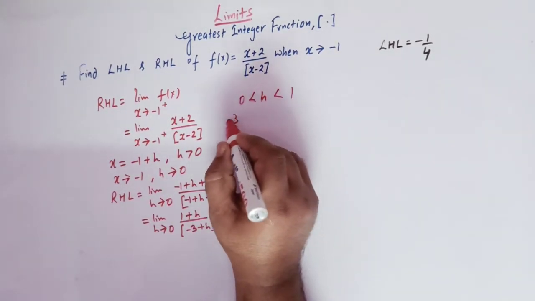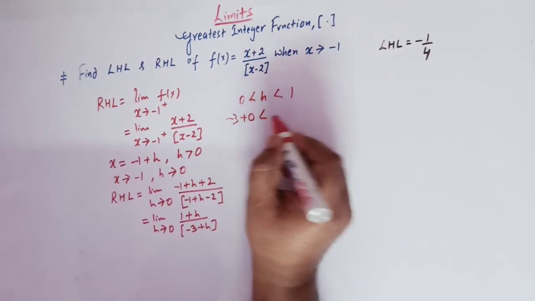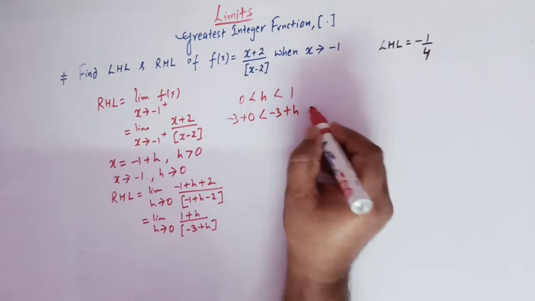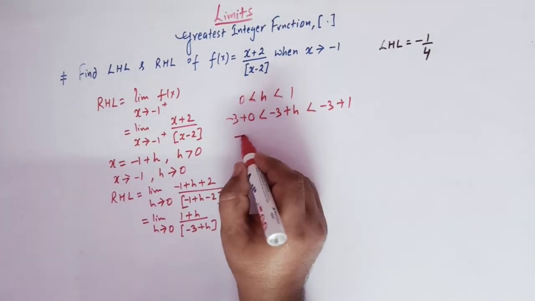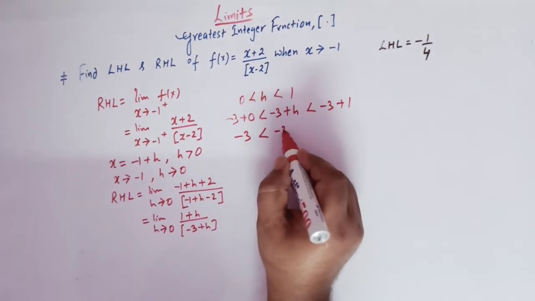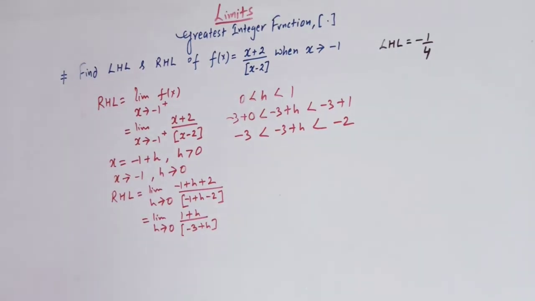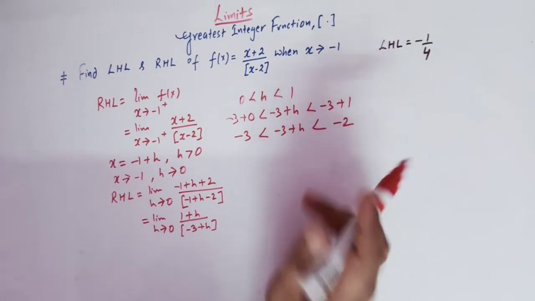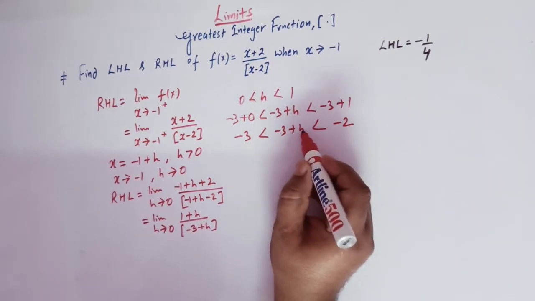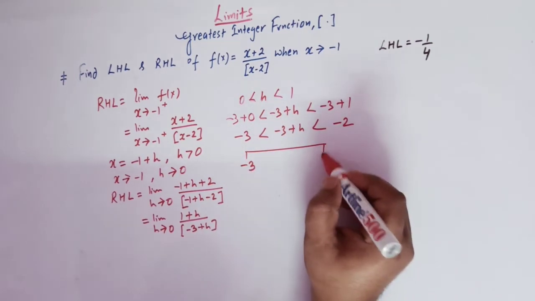So here we'll have minus 3 plus 0, we have minus 3 plus h, and we have here minus 3 plus 1, right? So this is minus 3, here we have minus 3 plus h, and here we have minus 2, right? So now this inequality shows that minus 3 plus h lies between minus 3 and minus 2.